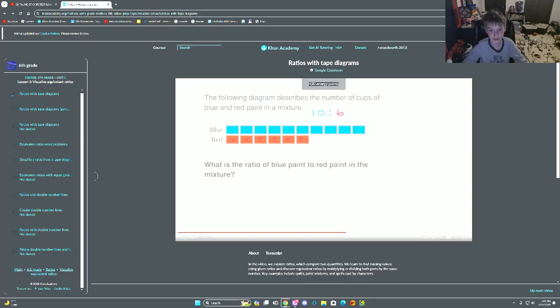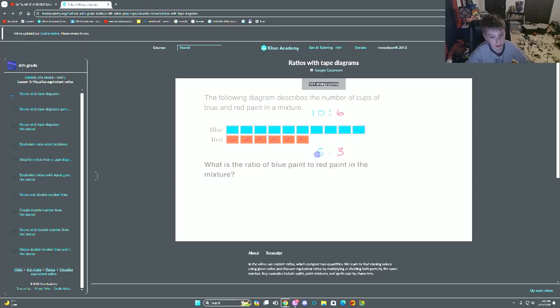We can divide both numbers by 2. So if you divide 10 by 2, you get 5. And if you divide red 6 by 2, you get 3. So one way to think about it is every 5 blue squares, you have 3 red squares in this diagram, in this tape diagram that's sometimes called.